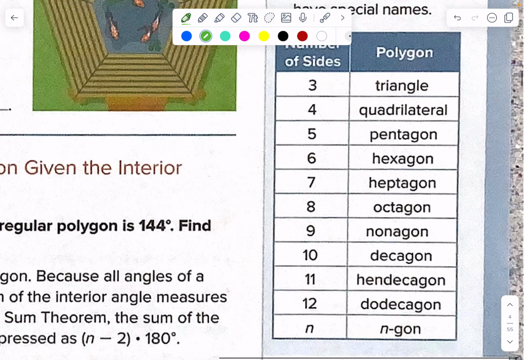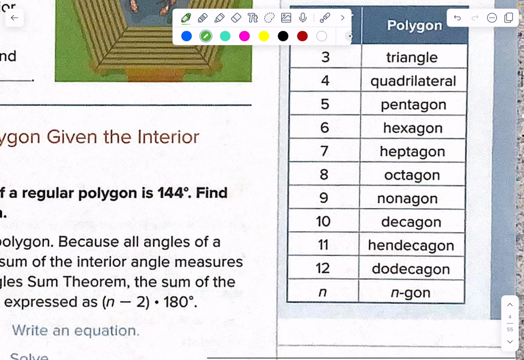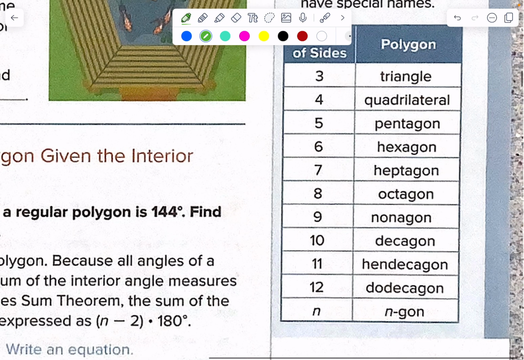On the left side here they give me what each one of these is named. So a 3-sided figure you know is a triangle, then quadrilateral, pentagon, hexagon, heptagon, octagon, nonagon, decagon.